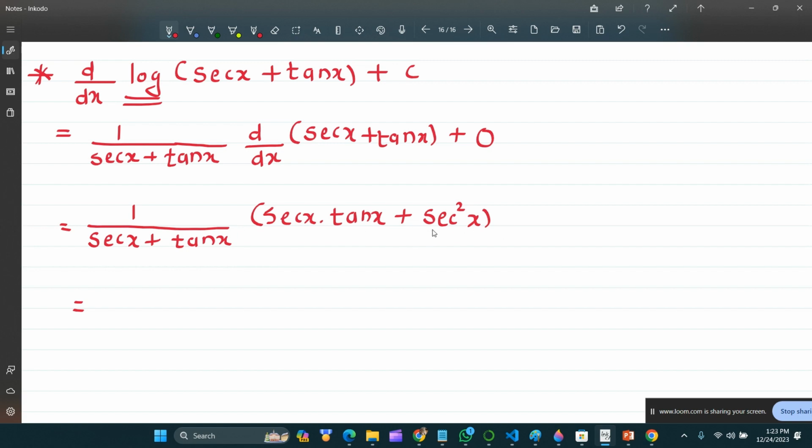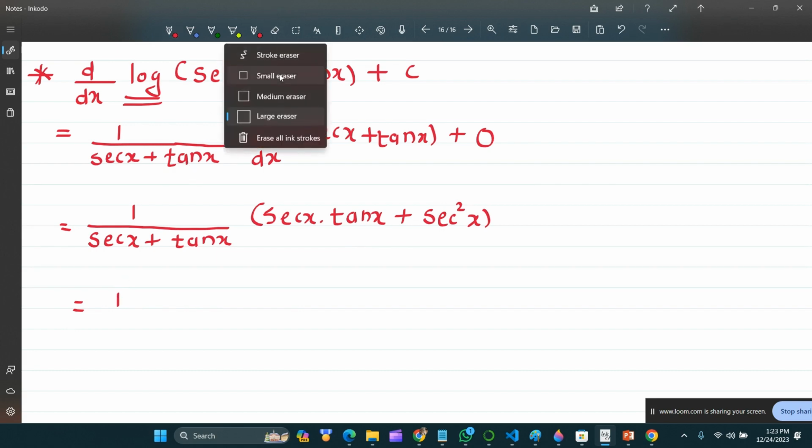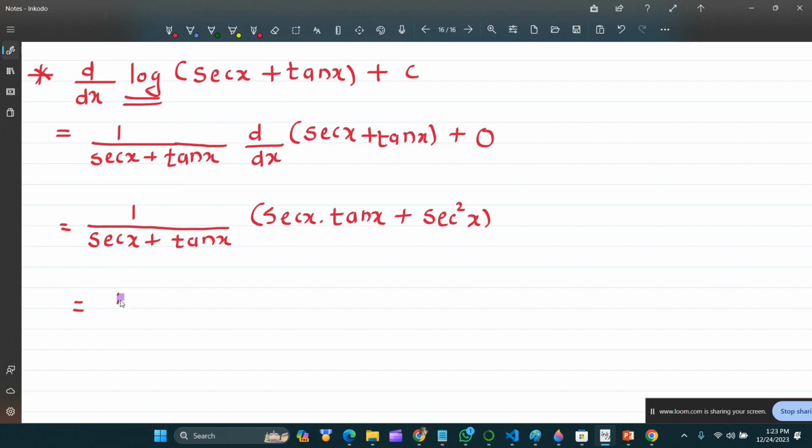So here you can see what is common over here, sec x. Okay, so I will take sec x common in bracket.